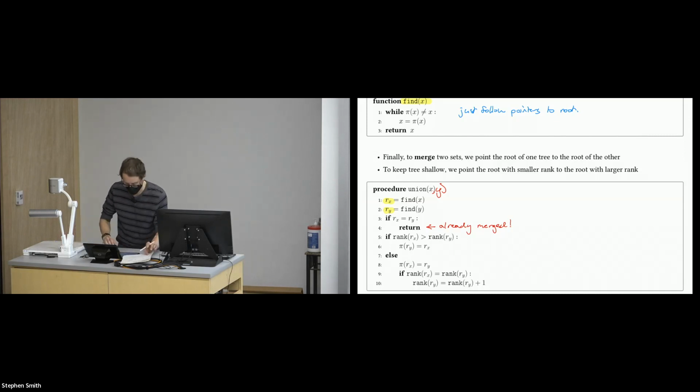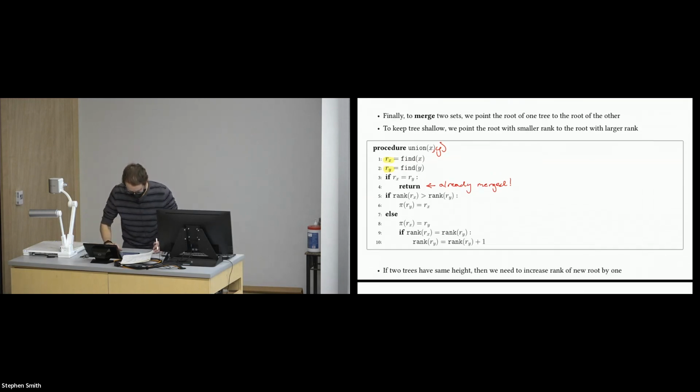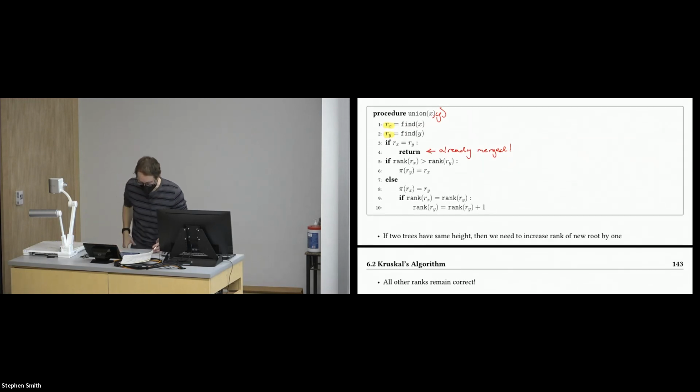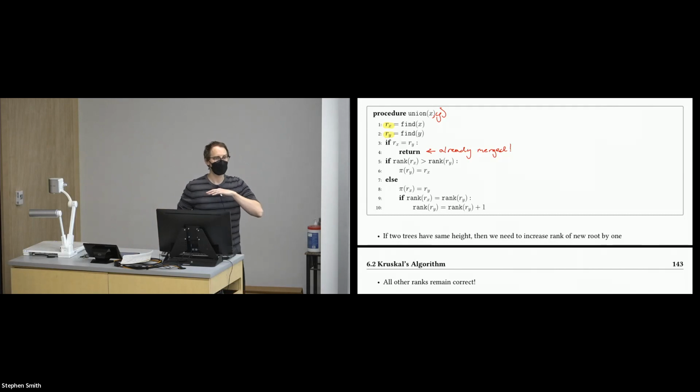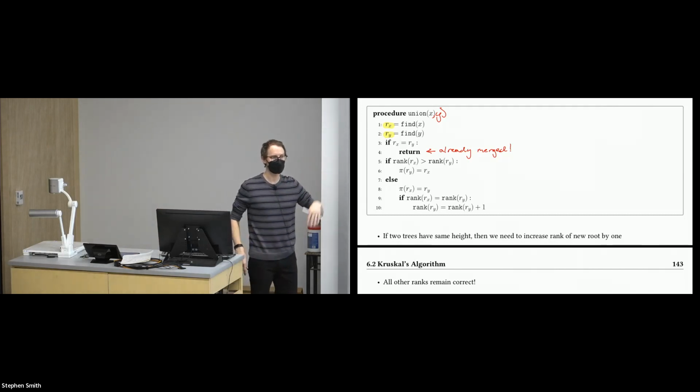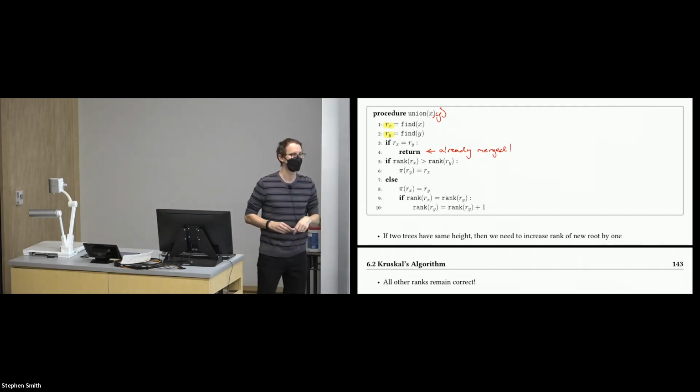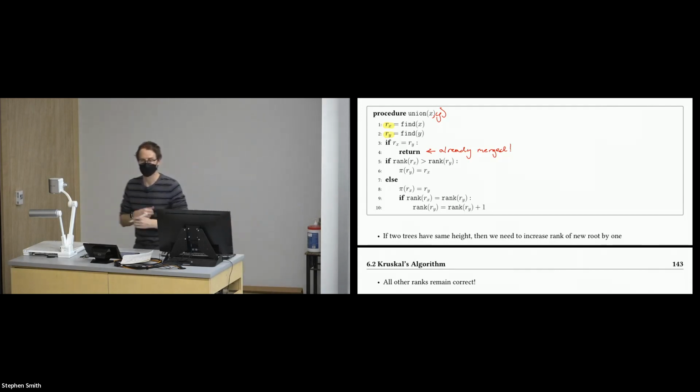So let me just draw a quick picture that will, I think, make that even clearer. If 2 trees have the same height, then we need to increase the rank of the new root by 1. And we don't have to change the rank of any of the other vertices. None of the other ones change. They're all correct still.